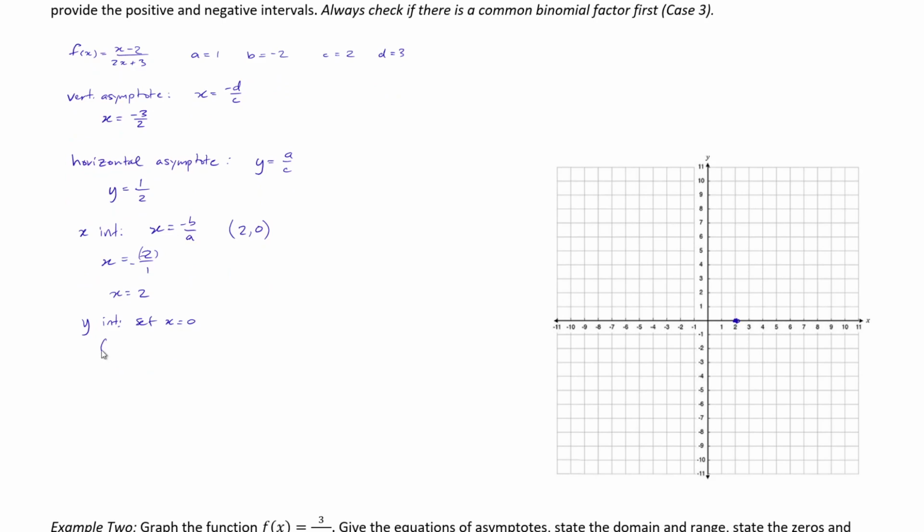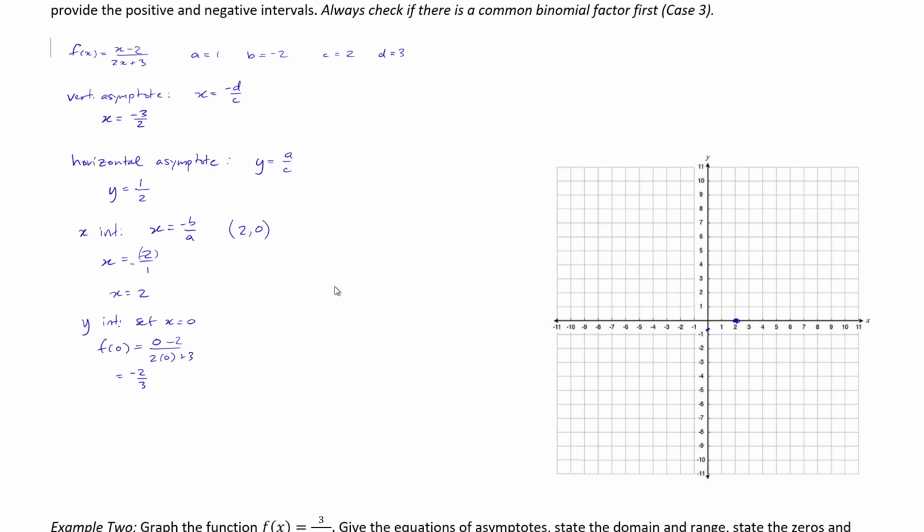So f of 0 is equal to 0 minus 2 over 2 times 0 plus 3. So my y-intercept is negative 2 over 3. So it's down here. Negative 2 over 3 should be right here. Okay, plot that point right there.